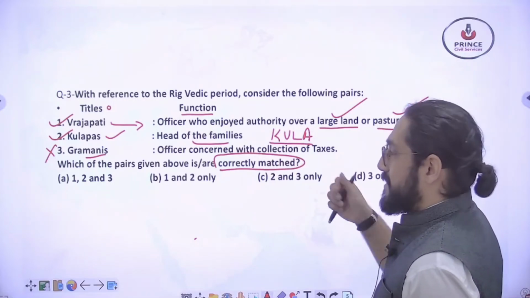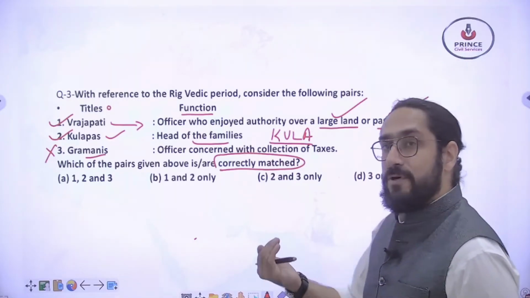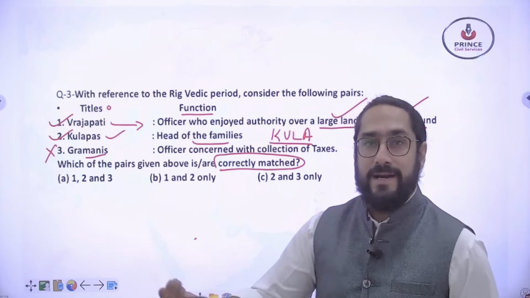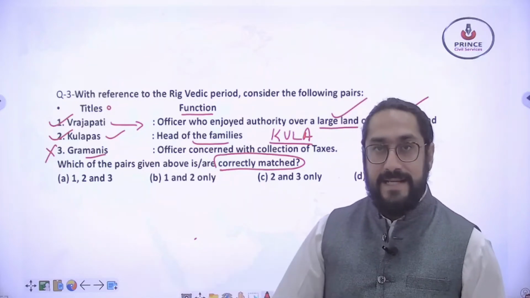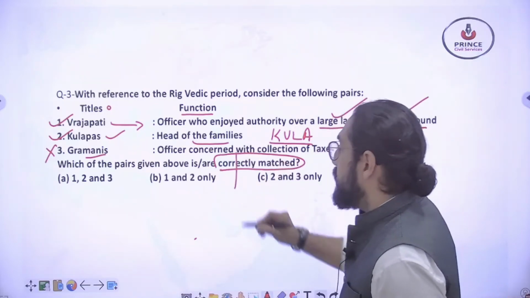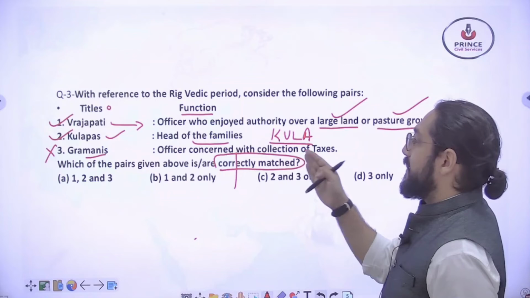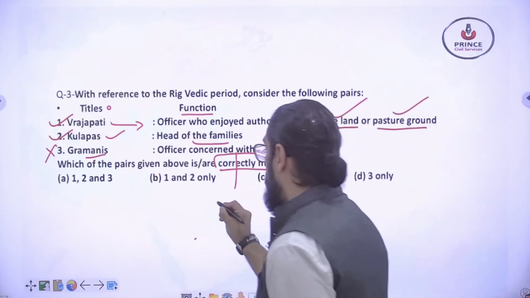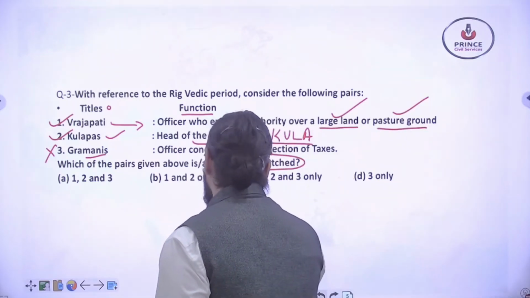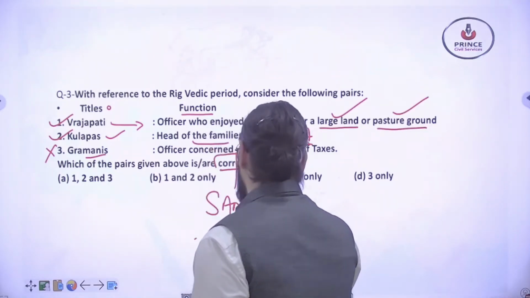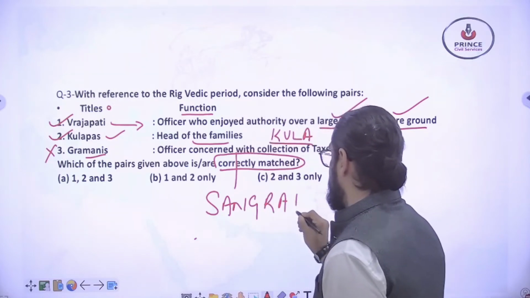But point number 3 is wrong, because collection of taxes was firstly not present in the early Vedic period; it came in the later Vedic period, and the officer concerned with collection of taxes was Sangrahitri.